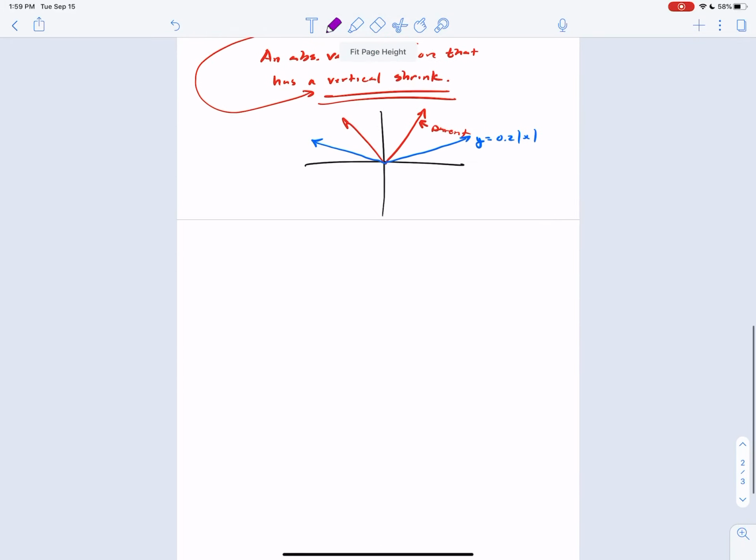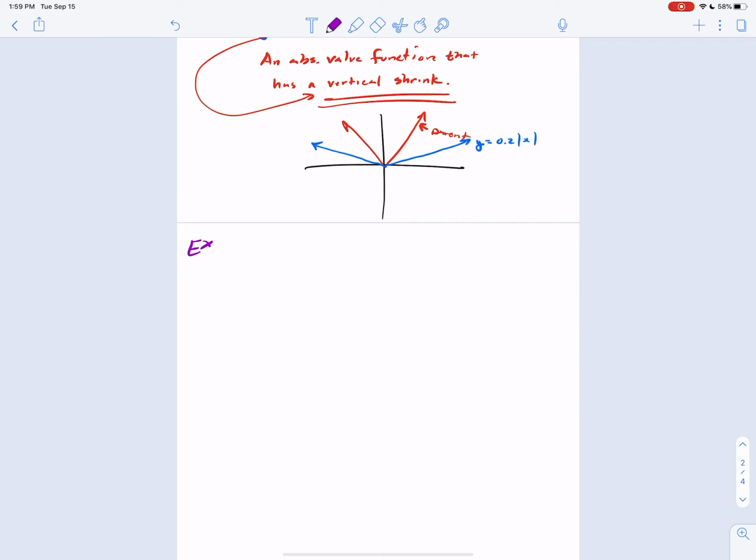Here's my last example for you guys. This is where I want you to be with practice. How do we incorporate all three? So, let's say I gave you y equals -3 times the quantity of x minus 4 squared plus 2.